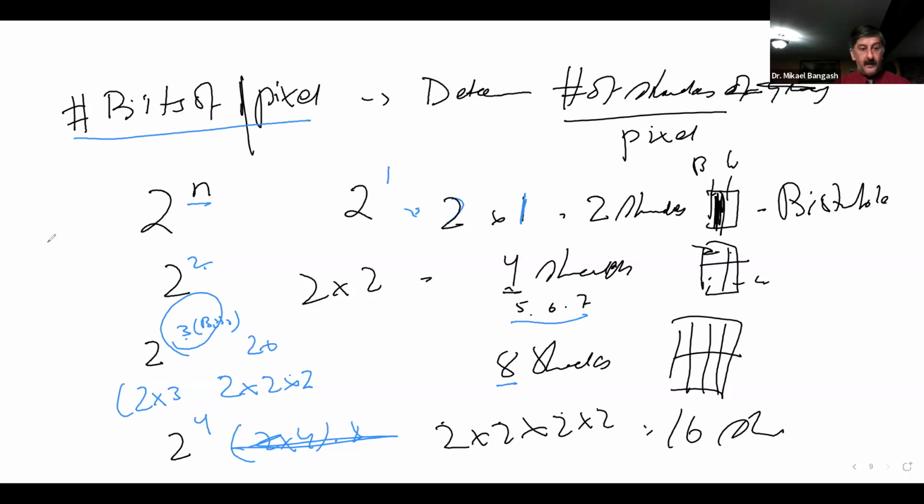Likewise, any number greater than 8 shades, what about 9 shades, 10, 11, 12, 13, 14, and 15 shades per pixel? 3 bits would have been too small for that because 3 bits could only give us up to 8 shades. So any number greater than 8 up to 16 shades will be covered by 4 bits.